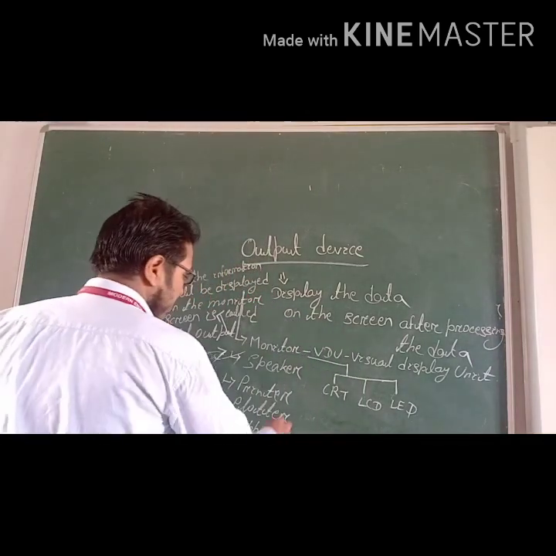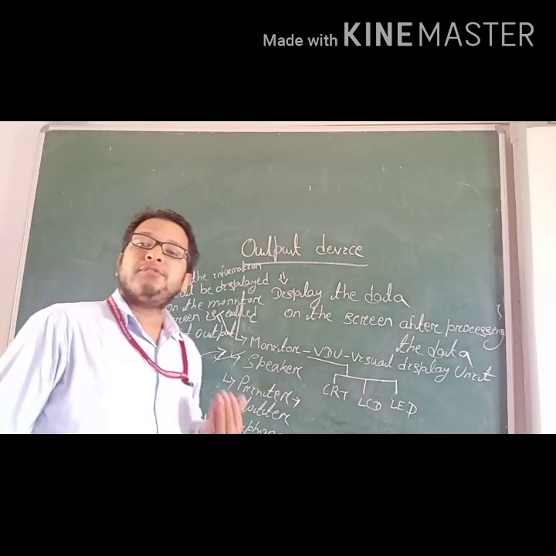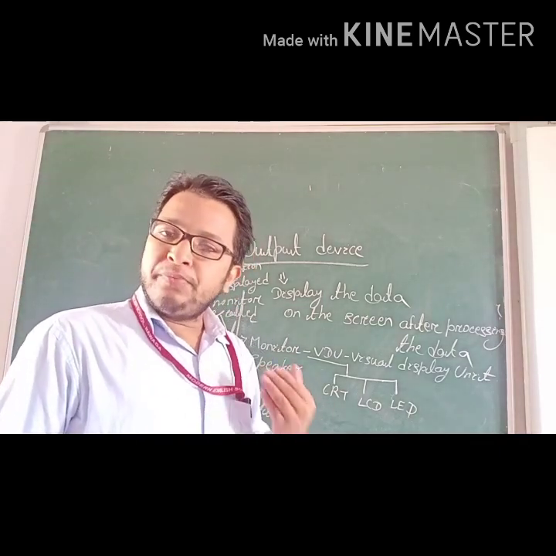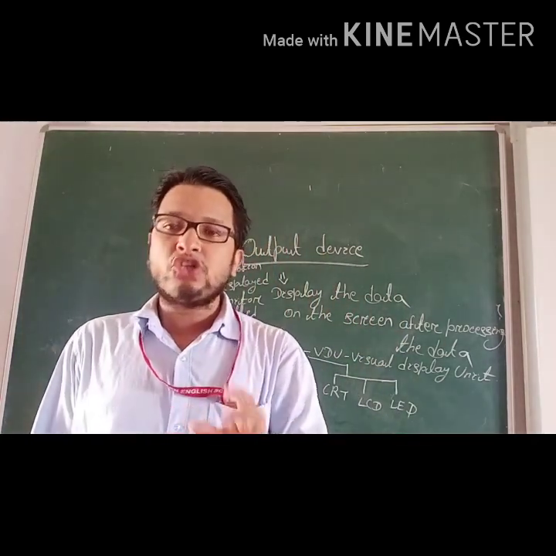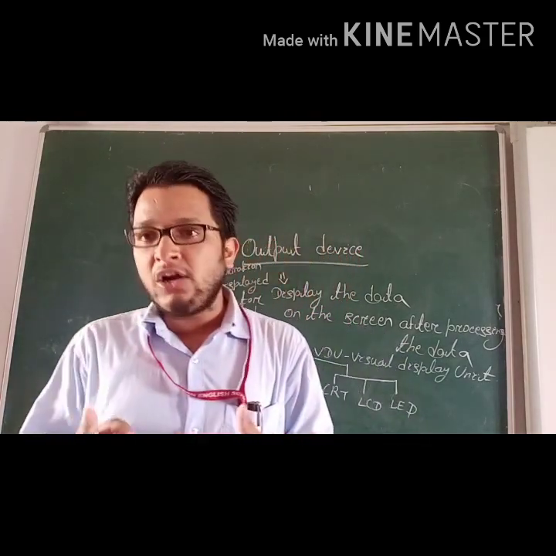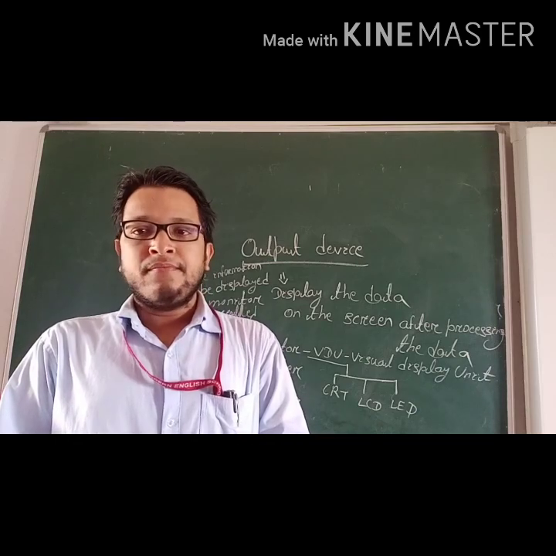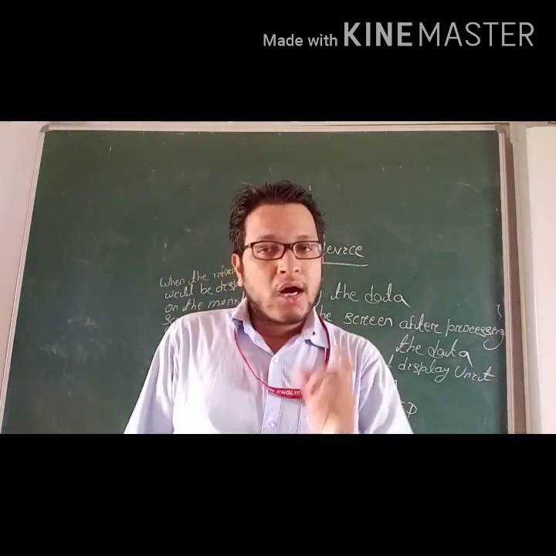Okay student, so for the printer, remember, a question will be asked on the difference between soft output and hard output. Soft output means when the information is displayed on the monitor screen. When the information is displayed on a piece of paper from the printer, that is called a hard output.